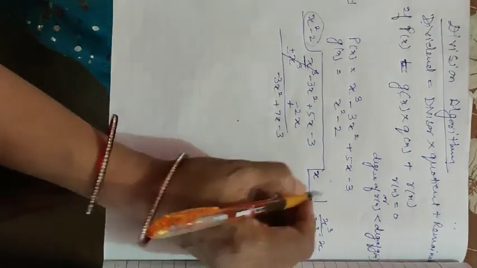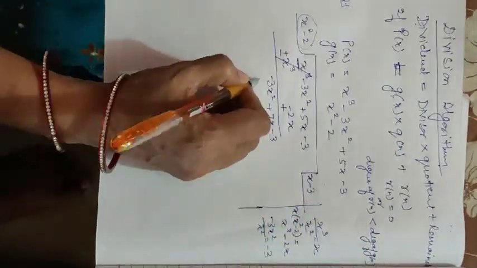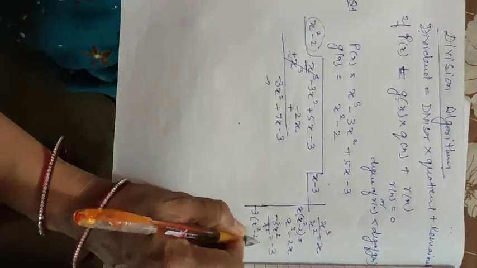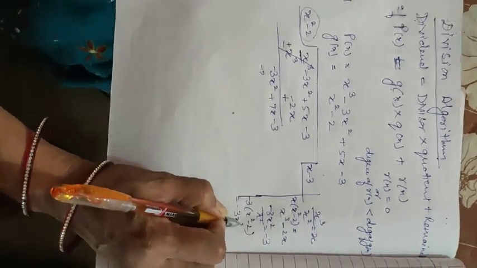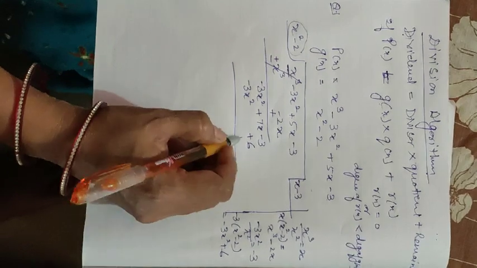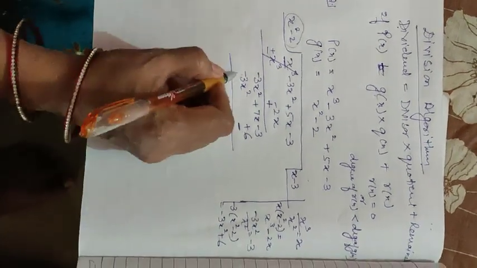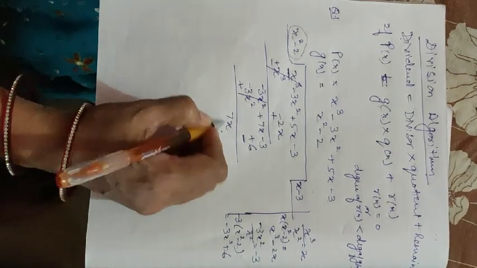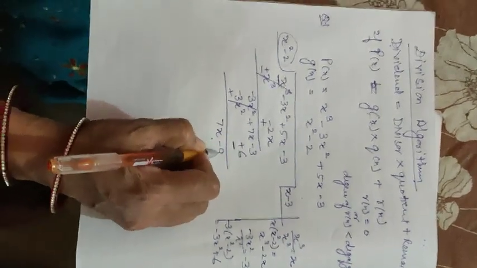Now I will multiply by minus 3, so I obtain minus 3 into x square minus 2. You can see we get minus 3x square plus 6. Let's subtract again, the sign will reverse. They are going to be cancelled out, so we are left with 7x minus 9.